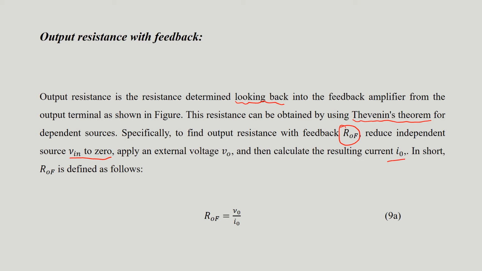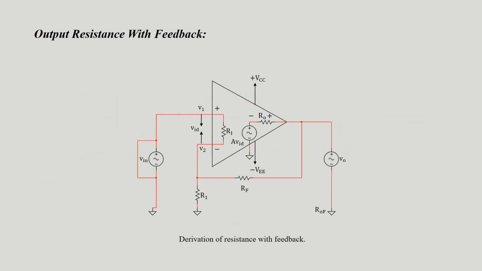In short, ROF is defined as V naught by I naught. So from this figure you can see we are shorting this Vi in and applying V0 at the output. So this is a circuit for the derivation of the output resistance with feedback.